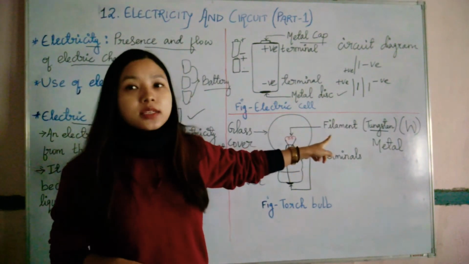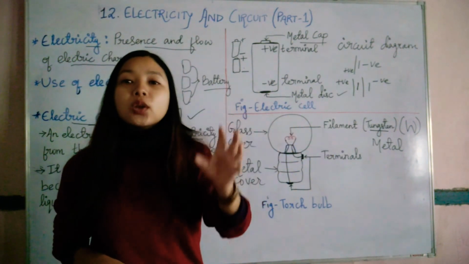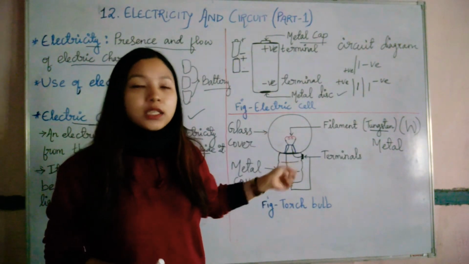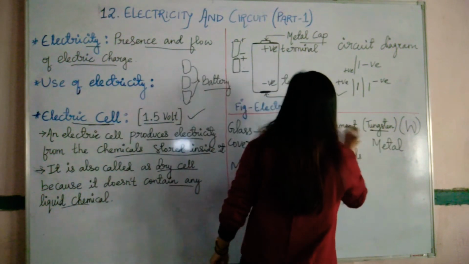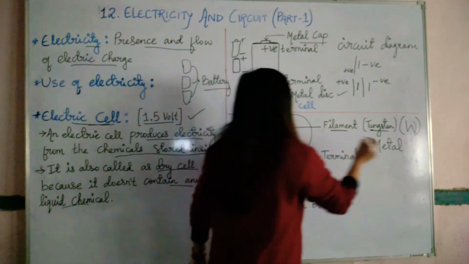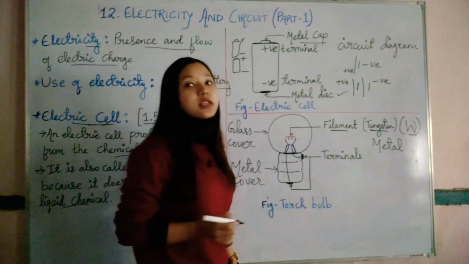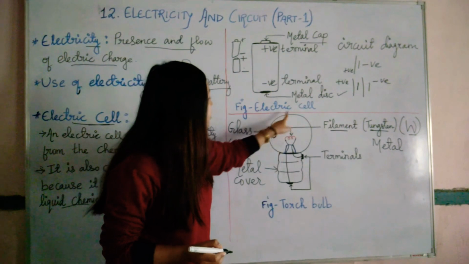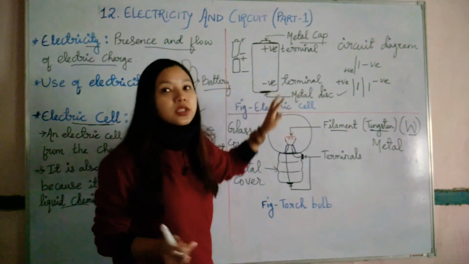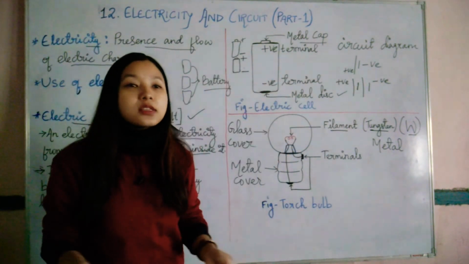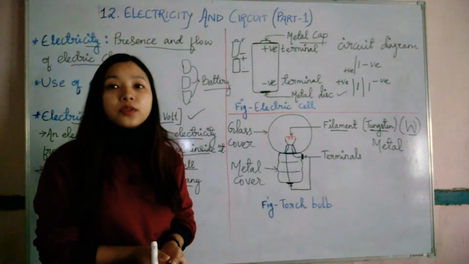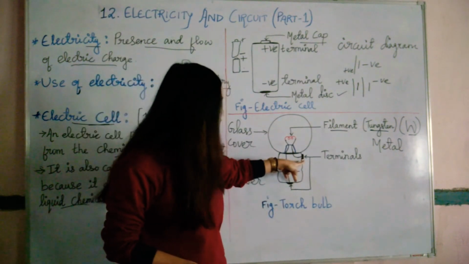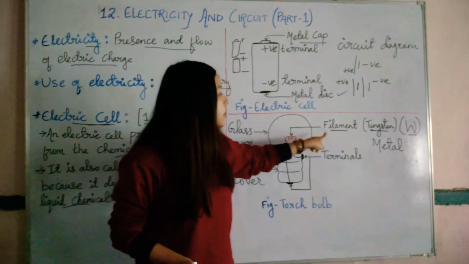So we use tungsten, which has a high melting point. It glows and gives us light energy but doesn't melt easily. Tungsten is the metal used to make this filament and its chemical formula is W. When this glows, the light spreads everywhere through the glass cover. Remember, it also has two terminals and the filament is made up of tungsten.